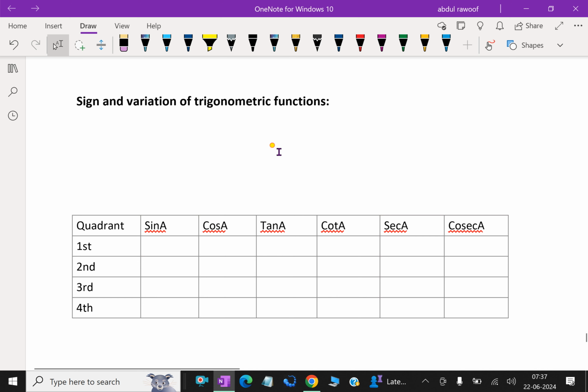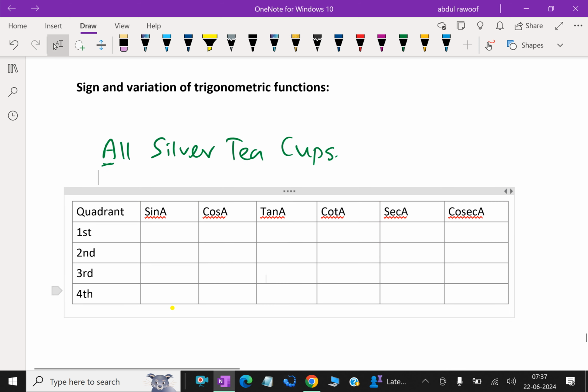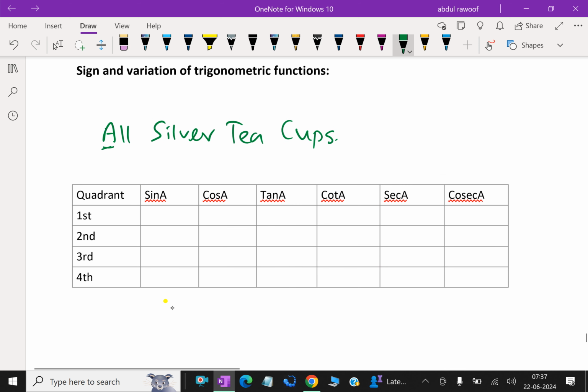For this, it is better to remember this slogan: All Silver Tea Cups. In this, the first letter is for the quadrant. First quadrant, all are positive. Remember.